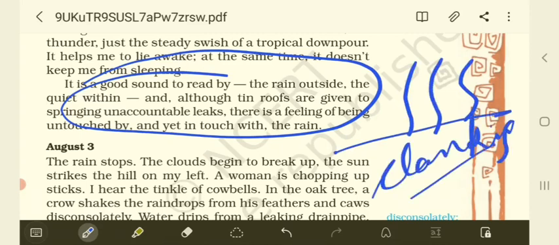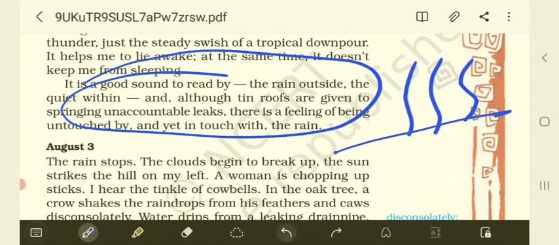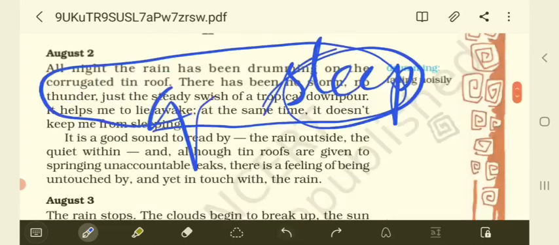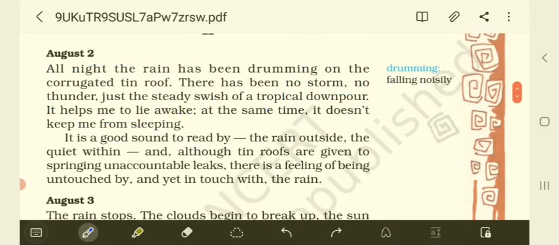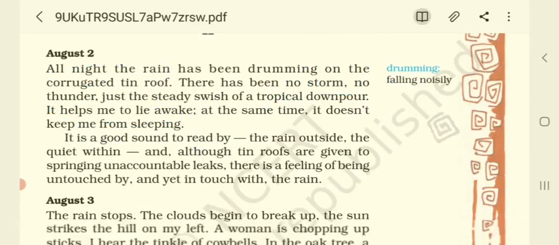According to the author, reading under such a roof is a really wonderful experience. Whenever it rains, it seems according to him as though you are in touch with the rain. So it's very beautifully described, the nature, isn't it?